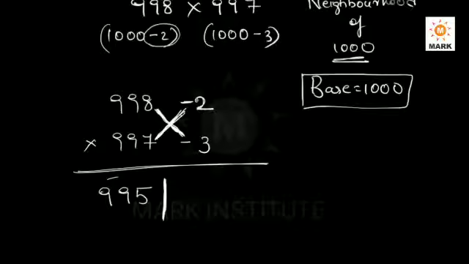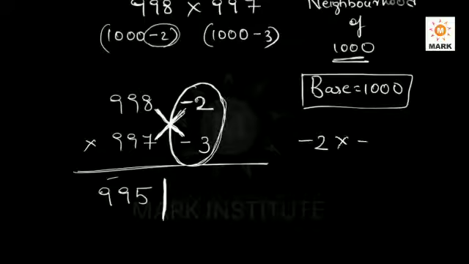Now the second part is very crucial. You have to write the product of these difference numbers, not the sum. Minus 2 into minus 3 will give you 6. Should you write 6 here? No, the rule is you have to write as many digits as the number of zeros in your base number. What is your base number? 1000.